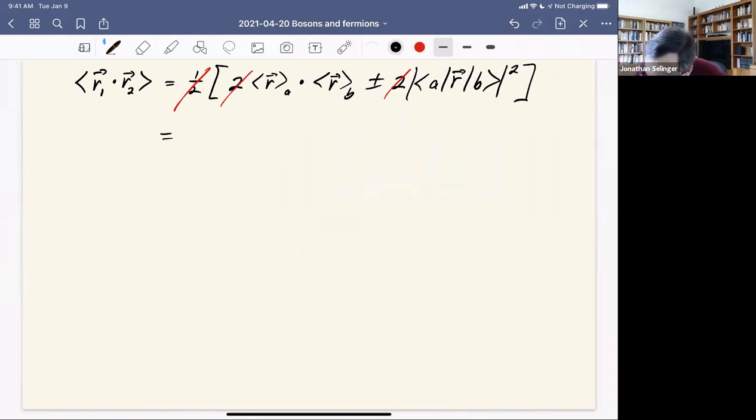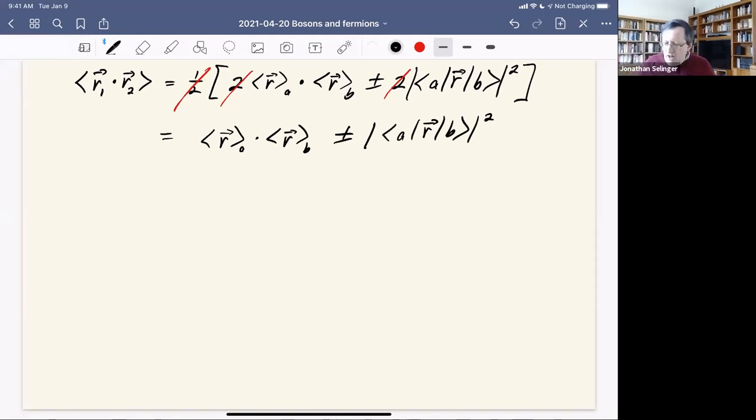So this is equal to the average R in state A dot the average R in state B plus or minus this matrix element squared. So this term is just like what we had for the case of distinguishable particles. This term is new. This is a new thing for bosons or fermions that's different from distinguishable particles.